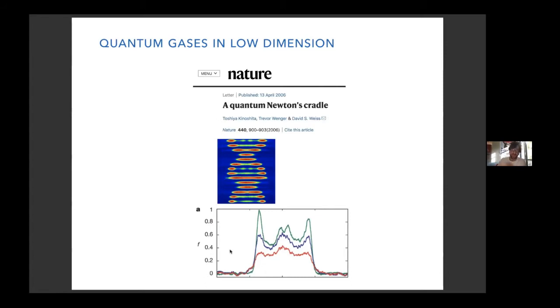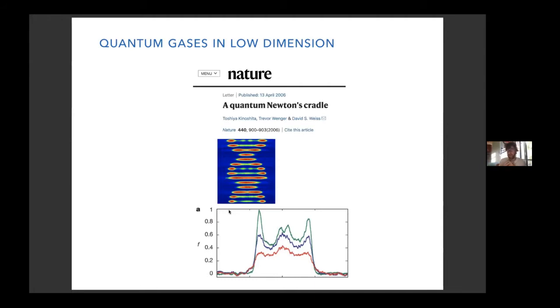So the momentum distribution function was still conserving a strong memory of the initial double-peak structure in momentum. And this raised the question: why should we actually even see thermalization in an isolated system? Do we always need some external bath?